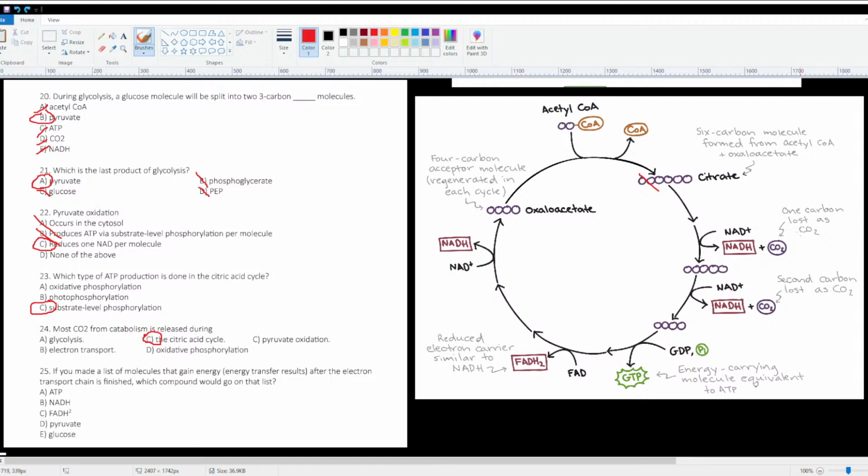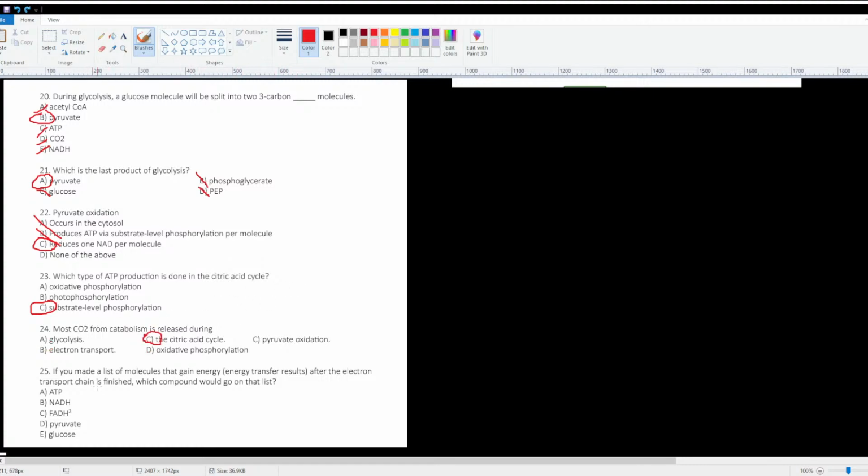So there's a lot of CO2 being released during the citric acid cycle. Oxidative phosphorylation does not release CO2. ETC does not release CO2, and glycolysis, as we went over earlier, does not release CO2. So the answer would be C.